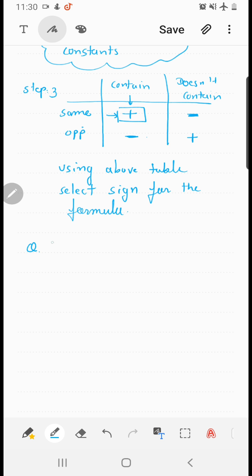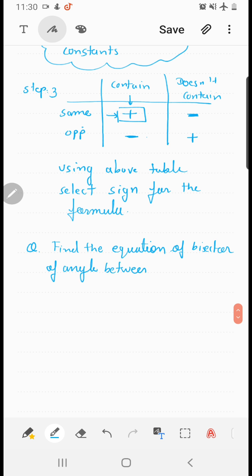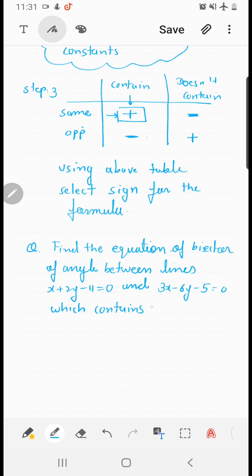They say find the equation of the bisector of the angle between lines x plus 2y minus 11 equal to 0 and 3x minus 6y minus 5 equal to 0, which contains (1, -3).